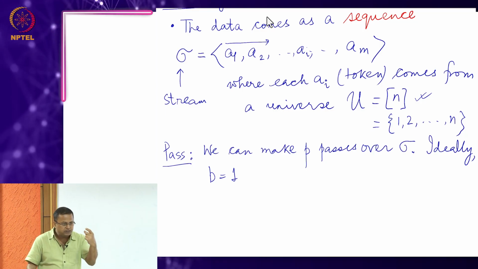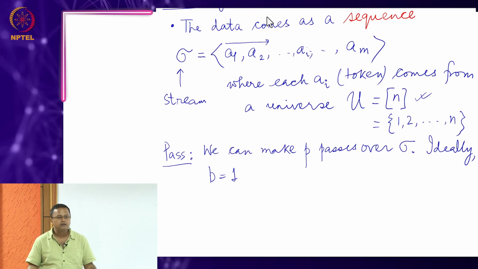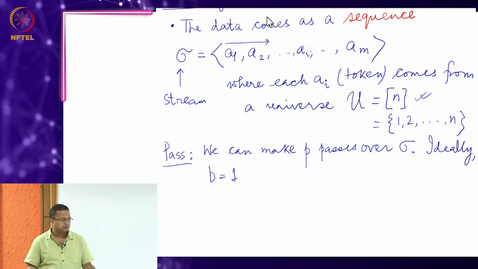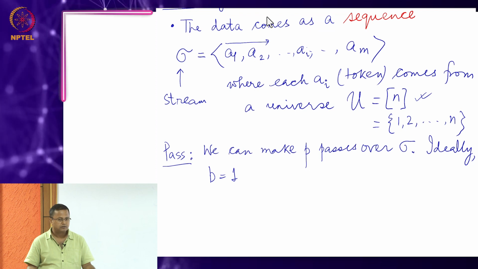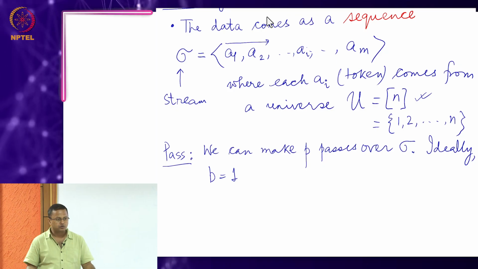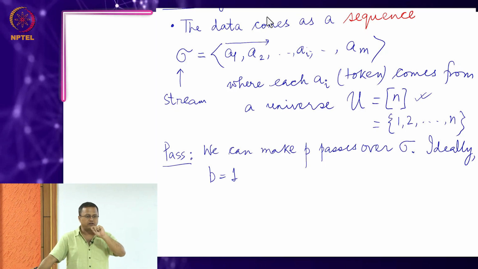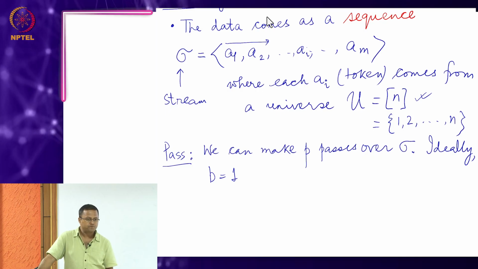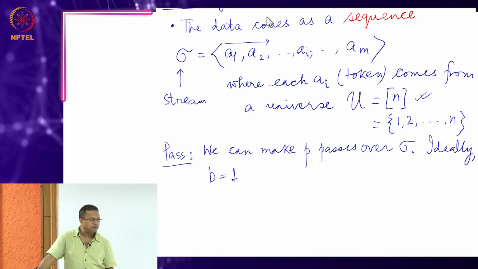So, to encode each token in binary you need log n bits. You appreciate this? Because to write the numbers 0 to 7 you need 3 bits, right. This binary representation all of you know, right.